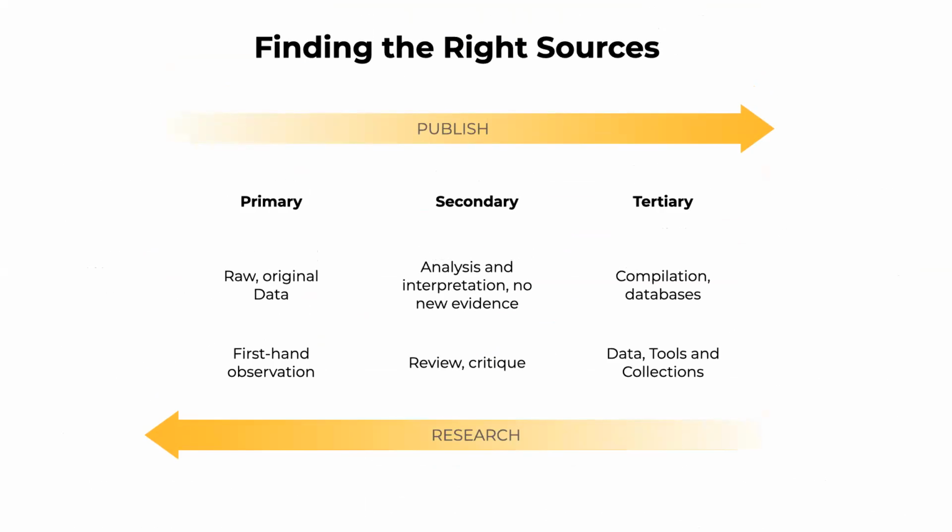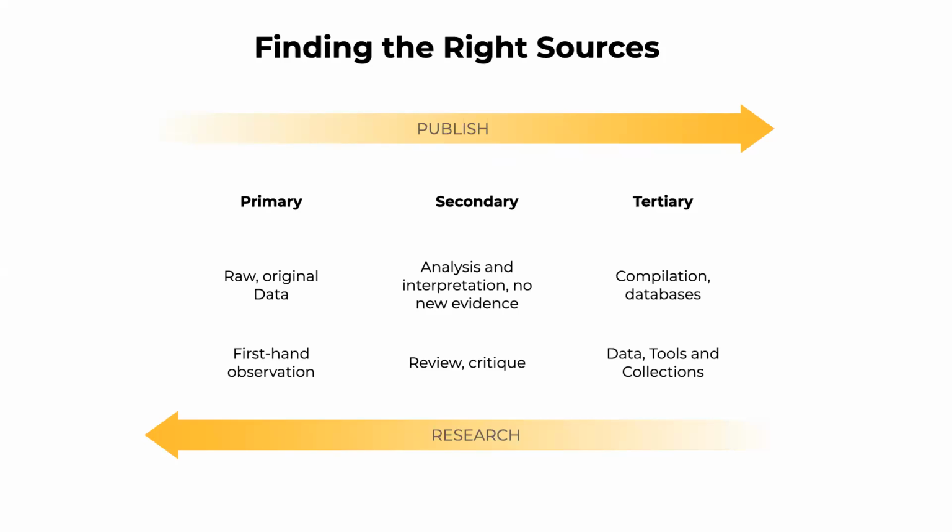Okay, so the other thing that you should think about, because you're probably not going to be generating any new data in the context of this research project, is how you will conduct your research and how the papers that you are going to review have been published. So there are three types of research: primary, secondary, or tertiary.